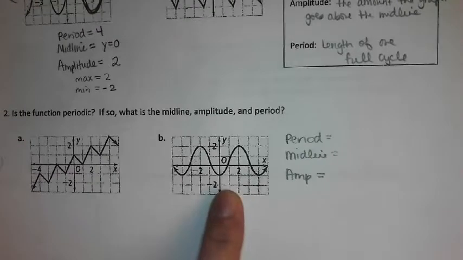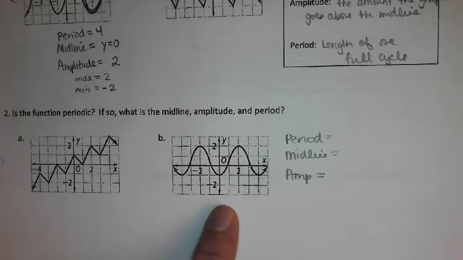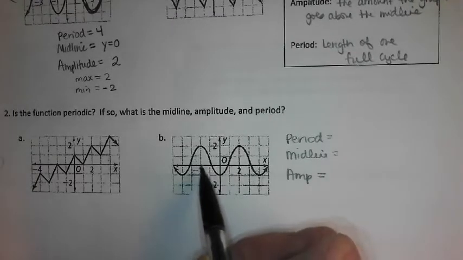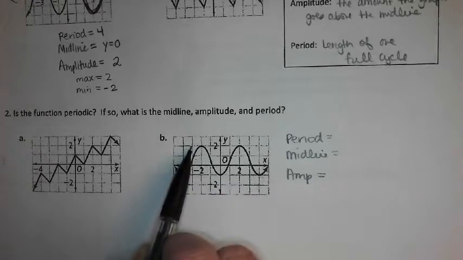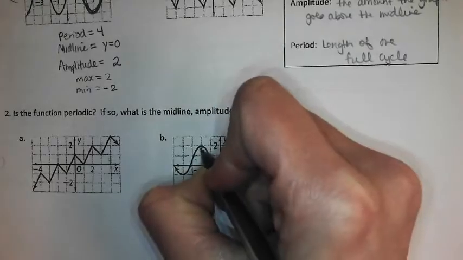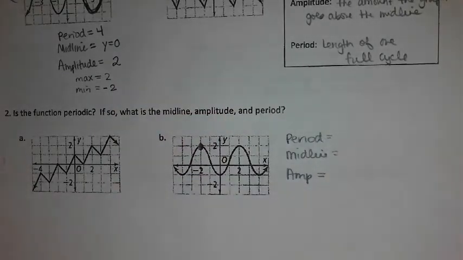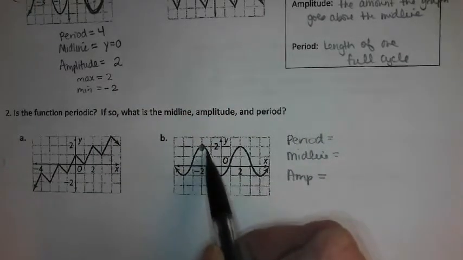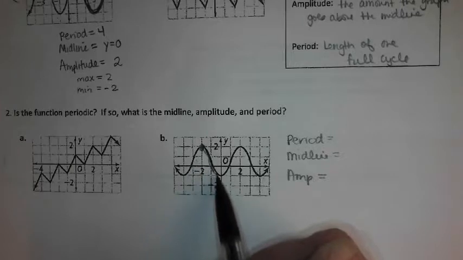Give me the coordinates of the point at which you want me to start the cycle. -3, 2 isn't even on the graph. -2, 2. Okay, he wants to start the cycle right there. Great. So then I'm going to go along here and tell me when my cycle should stop.